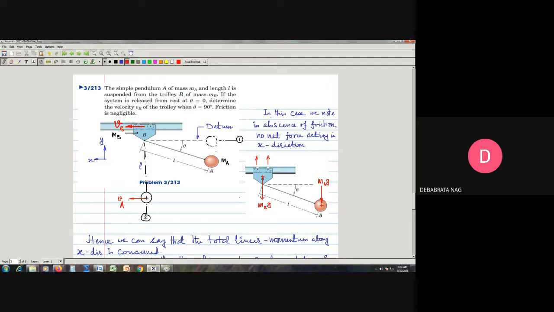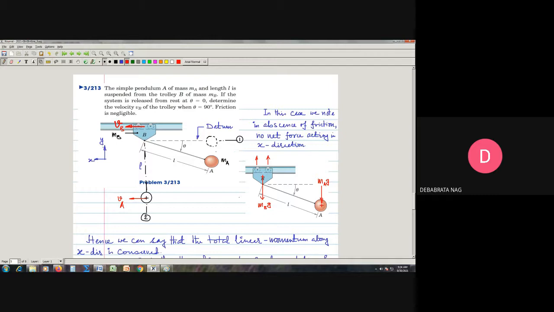So in this case, if we draw the free body diagram of the system, we see that these are the forces which are acting. These are the combined support reactions offered by these two rollers, and these are the self weights of the whole thing.